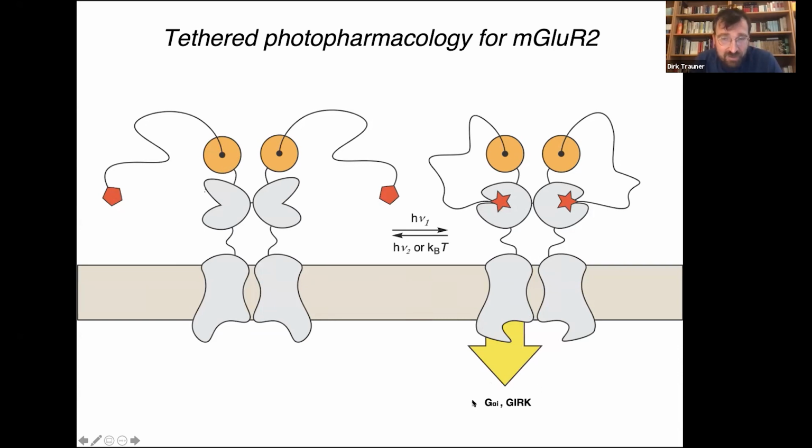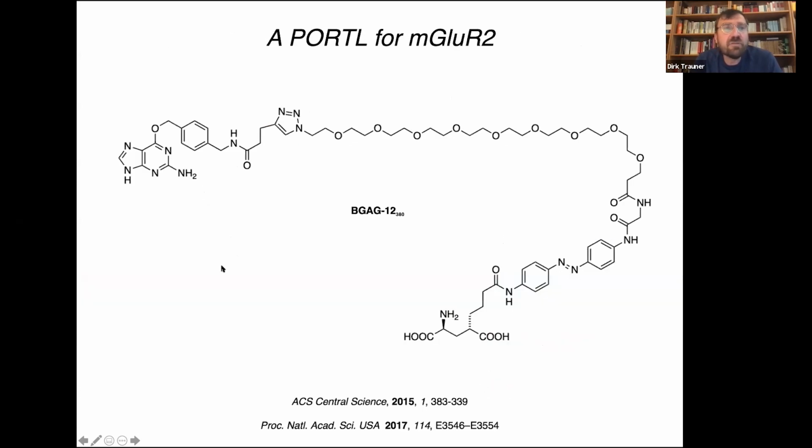That leads to dissociation of the heterotrimeric G protein, and this can be a G alpha i, for instance, in the metabotropic glutamate receptor, which is inhibitory. The G beta gamma then travels and activates G protein coupled inwardly rectifying potassium channels, which also have an inhibitory effect. So these are mostly inhibitory receptors. And that actually worked beautifully.